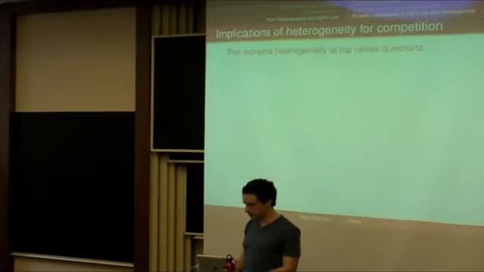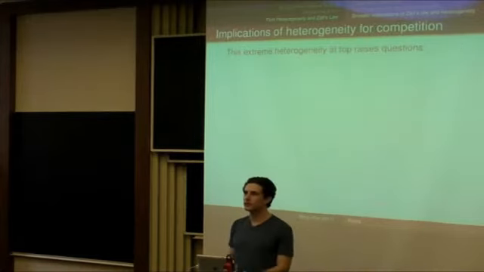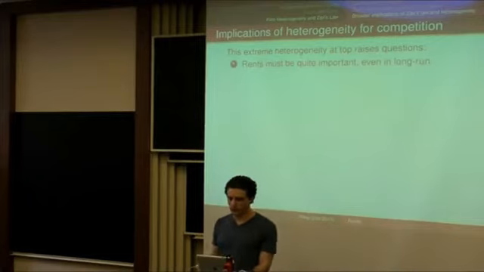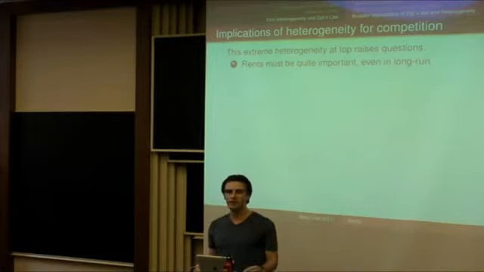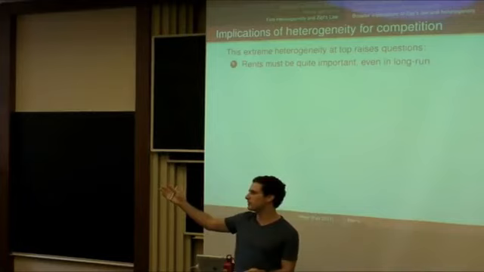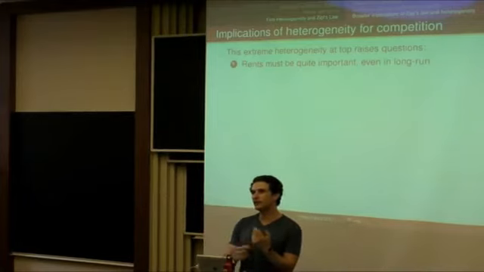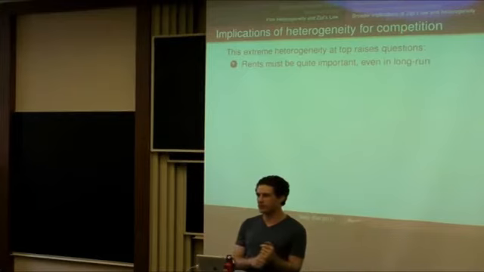Okay. So, this raises a lot of questions that we'll be addressing throughout the course. So one is that rents, even in the long run, are going to be very important. If we're in one of these fat-tailed cases, the differences in talent between the top people and the people below them are just so large that in the long run, there's going to be no way for other people to keep up.